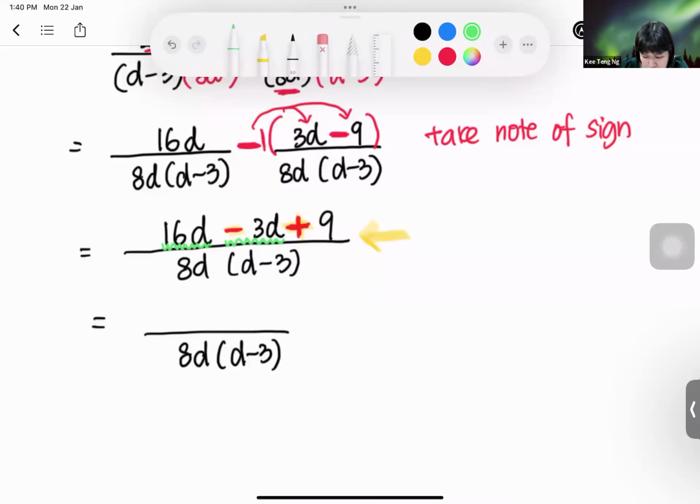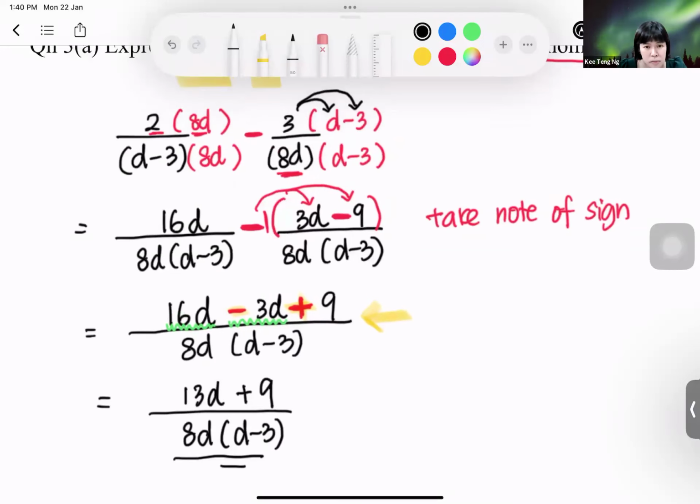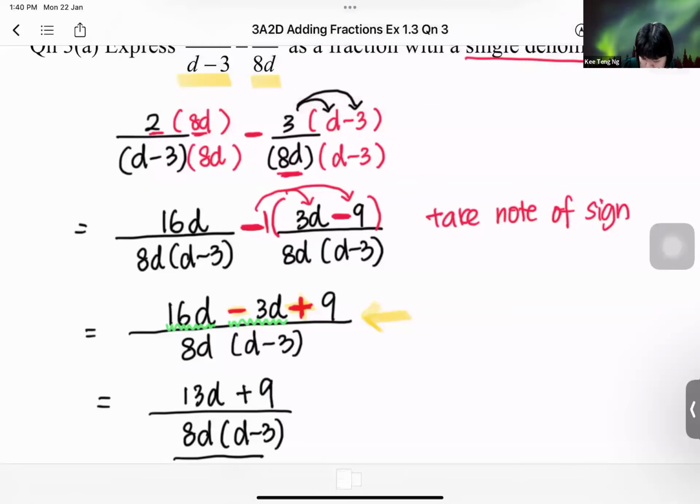So 16d minus 3d will give you 13d plus 9. Do not expand out the denominator. We'll keep this as the final answer. Have you gotten the answer? If you are good, let us move on to the next practice question.